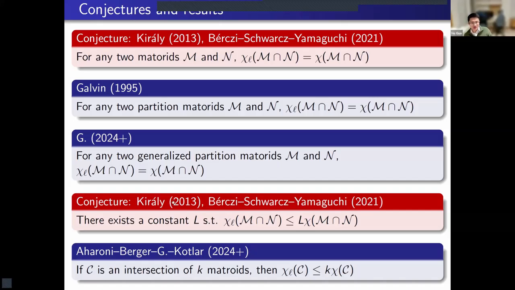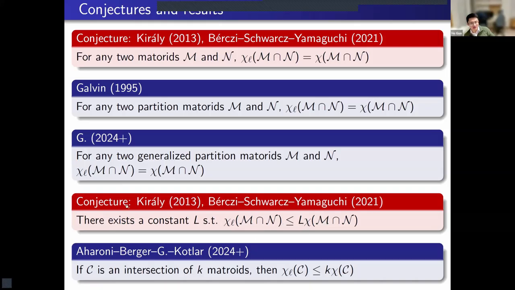Another conjecture by this group of people, perhaps a weaker one, is that there exists some constant L such that the least chromatic number of the intersection of two matroids is at most L times the chromatic number.